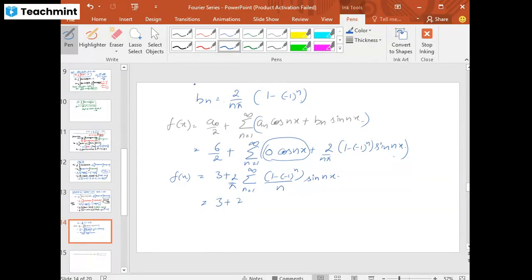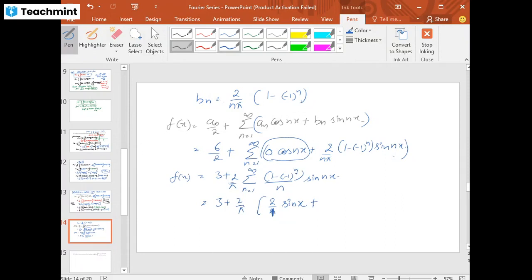So when I put n equal to 1, n is an odd number. So 1 plus 1 is 2 upon n sine x. So 2 upon 1 sine x.